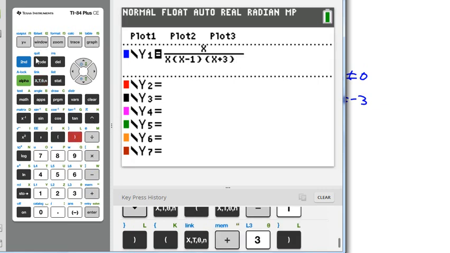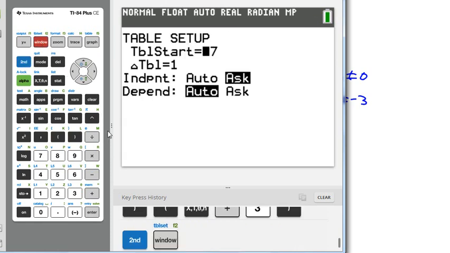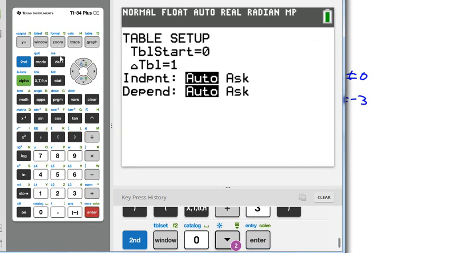And when you graph this, I'm going to go back to a table set. I'm going to start at 0 and go back to auto.